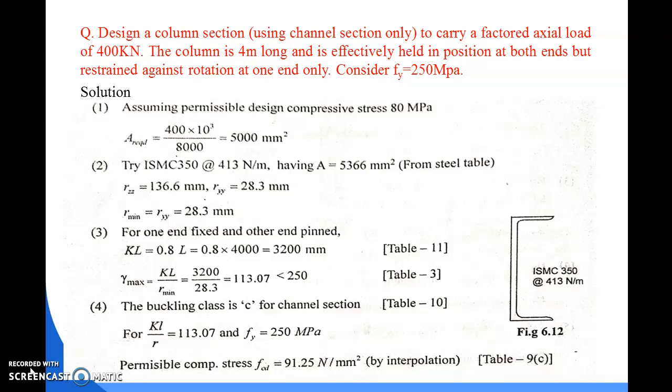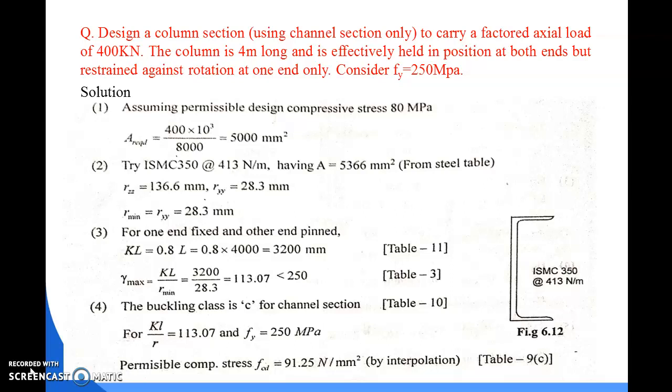So in the last class, we just initiated this question up to finding out the section. By two factors, we found out the section, which is a channel type section.